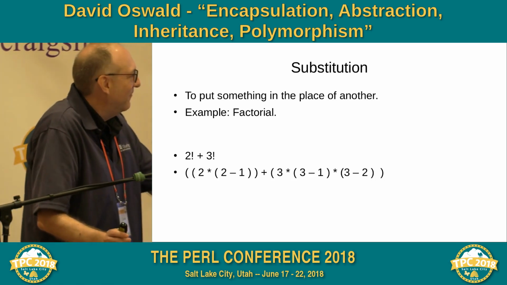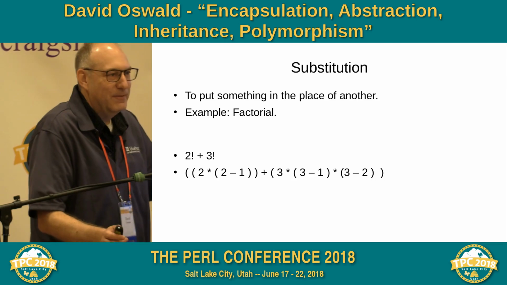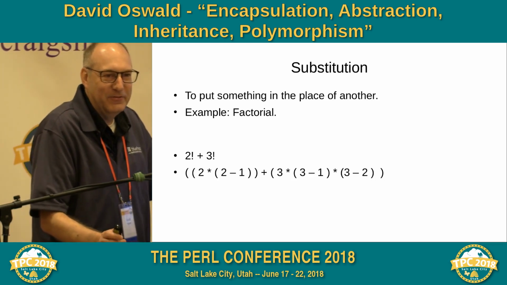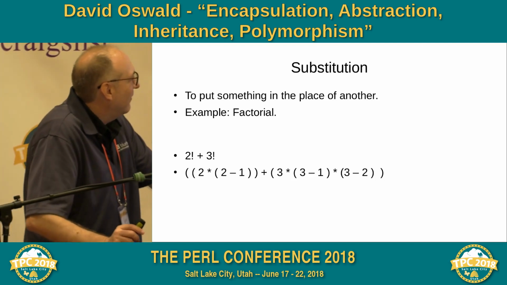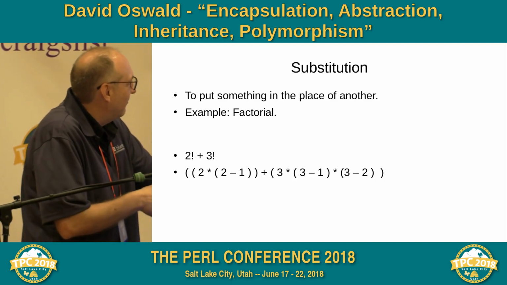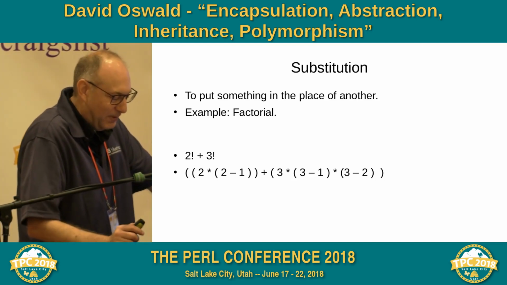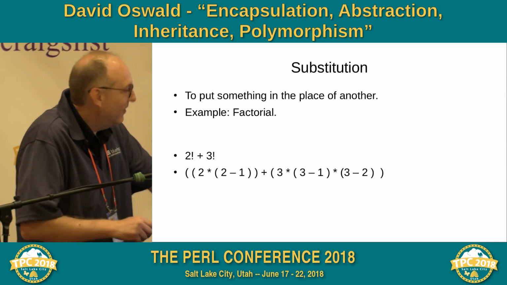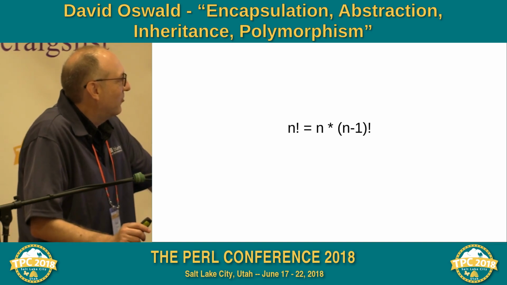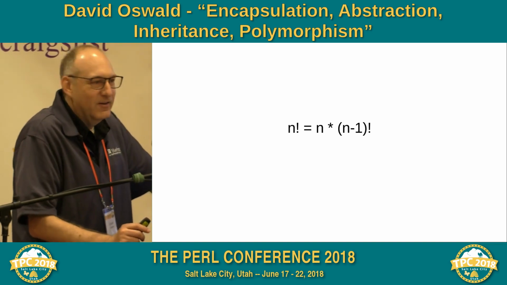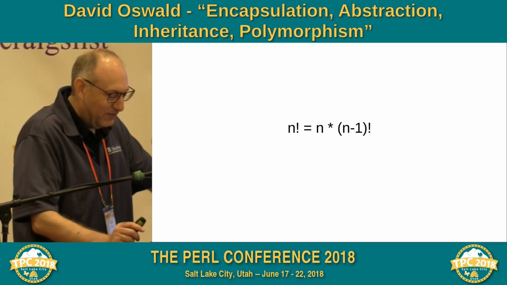And if we did that for every type of formula, then we'd end up with a big mess as we're trying to solve problems. And this is just in the realm of mathematics. So we like to represent things in simple ways. We take the complex concepts and represent them in more simple ways. So another way to look at it is that n factorial is n times the factorial of n minus 1. And so now we're getting recursive.